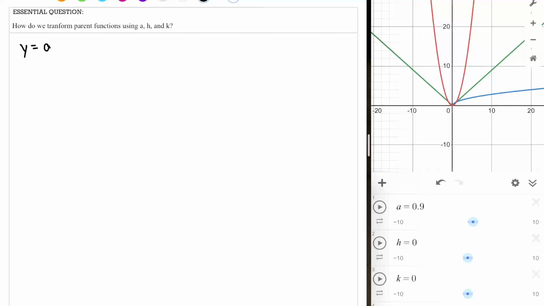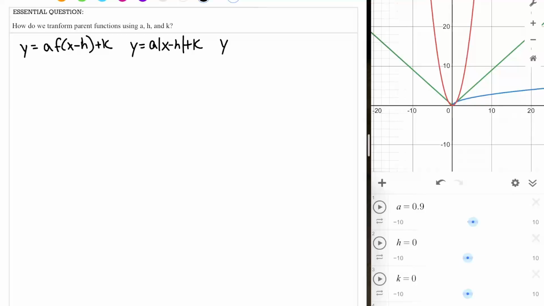So we're going to look at these three primarily, but any function we look at with transformations is going to be in the form of a times f of x minus h, in parentheses, plus k. With these three functions, we're looking at y equals a times the absolute value of x minus h plus k.